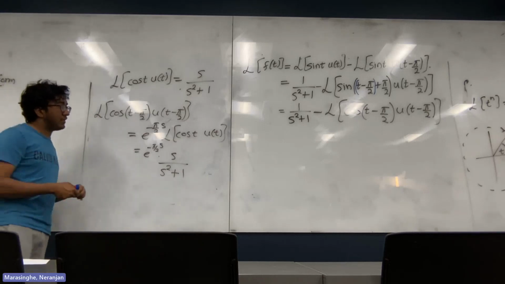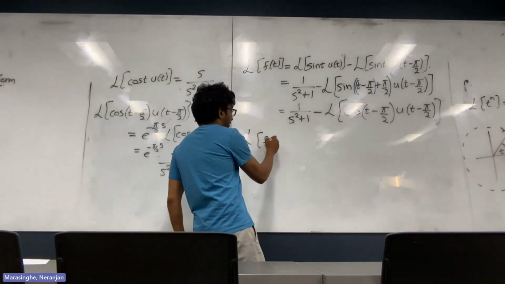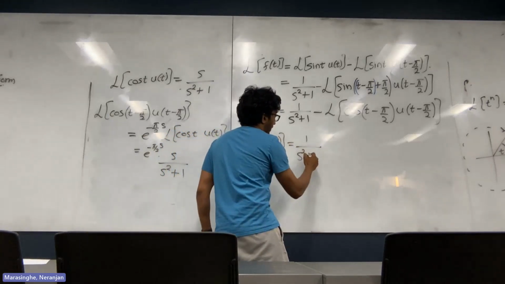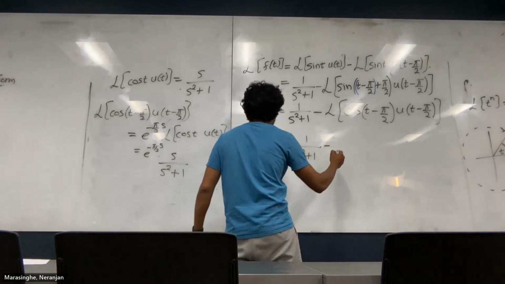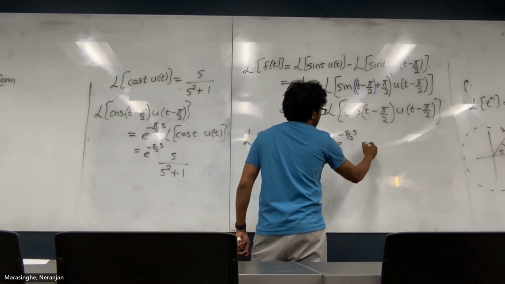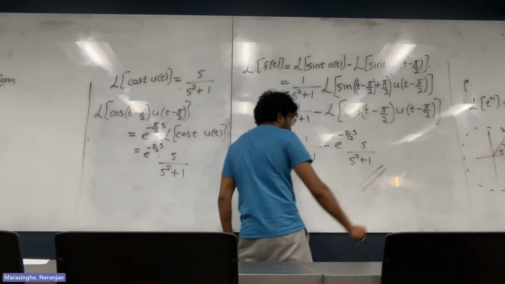So now I have the answer. My final answer is the Laplace transform of f(t) equal to 1 divided by s squared plus 1 minus e to the minus pi divided by 2 s times s divided by s squared plus 1. And I have done.